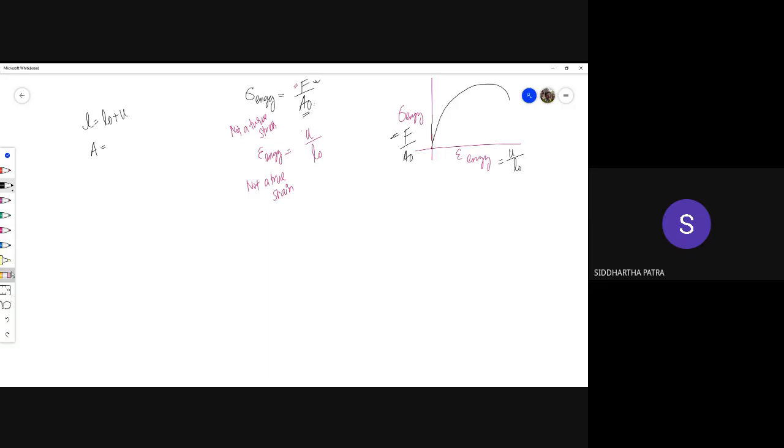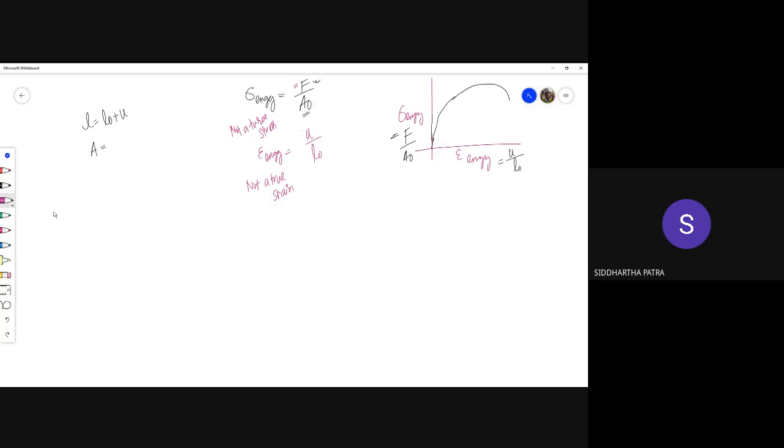There is of course this initial linear part, so be careful with the shape. The transition is smooth, there is no distinct yield point right there. Okay, acha.